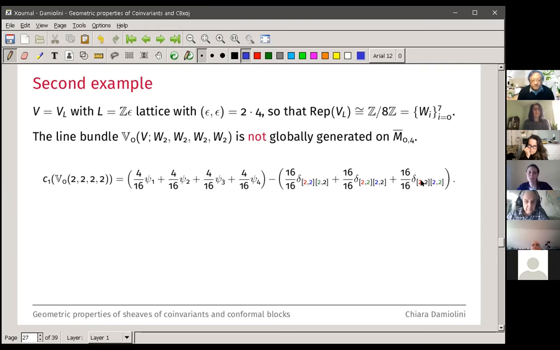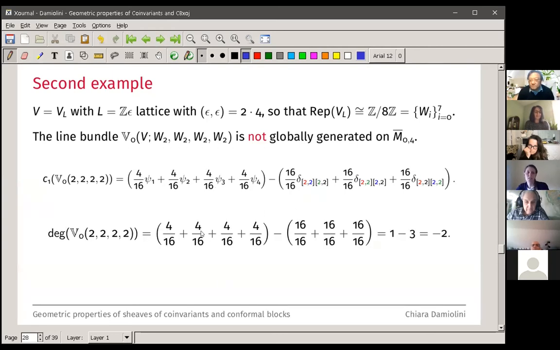So to compute the degree of this bundle, I essentially forget all the symbols that I put here, just to be precise. And I obtain these formulas, which give us that the degree is -2. Now observe that these numbers here are the conformal dimension of W_2.